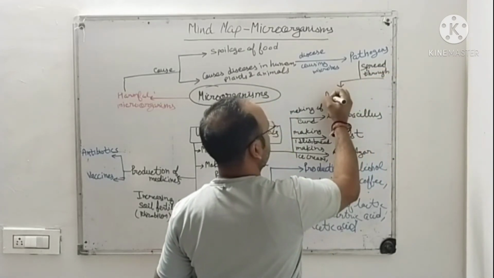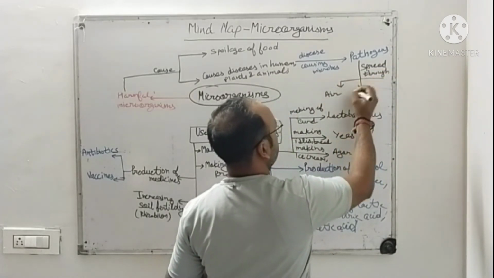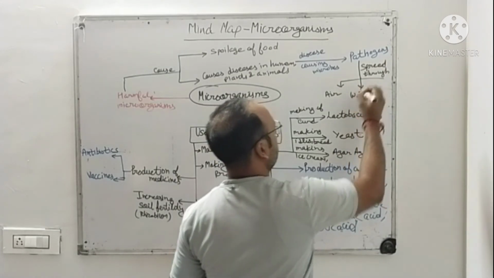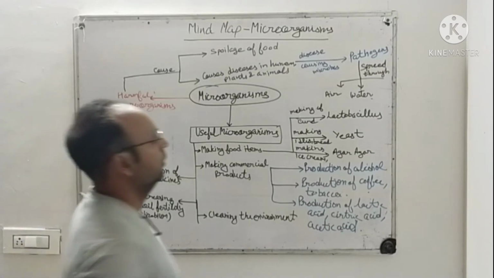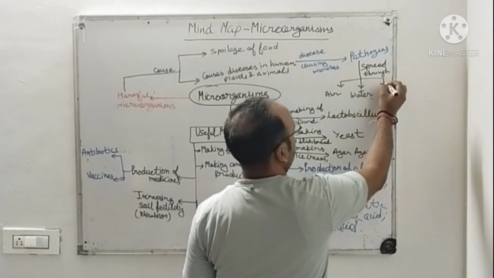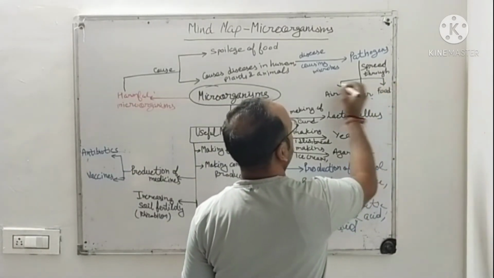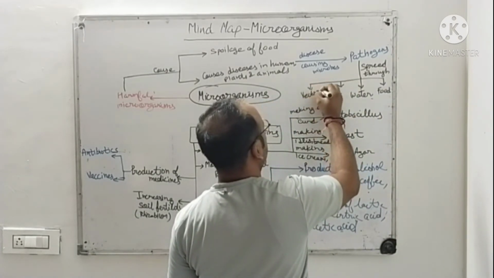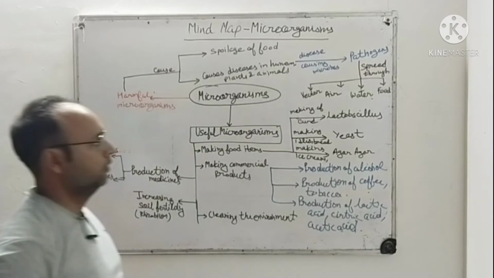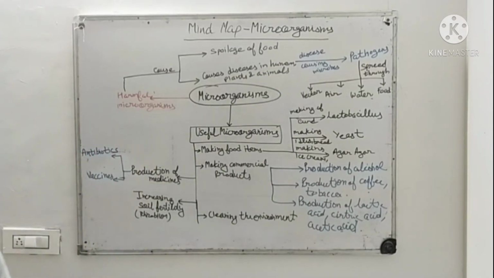Spread through air, water. We have studied about communicable diseases, right? Air, water, even from food, if we eat spoiled food, and very important is vector, like the housefly, carrier of disease. So they are spreading this way also. Okay.